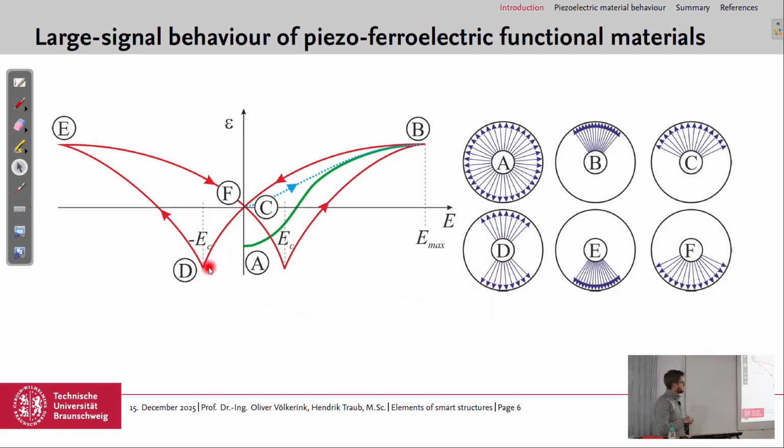And then we go up again to point E when we increase the field again. Here we have a strong polarization again, but in the other direction compared to point B. And if we then decrease the field, we come to point F, which is the corresponding point to point C, but again in the other direction. And this is the large signal behavior, so between minus Emax and plus Emax.